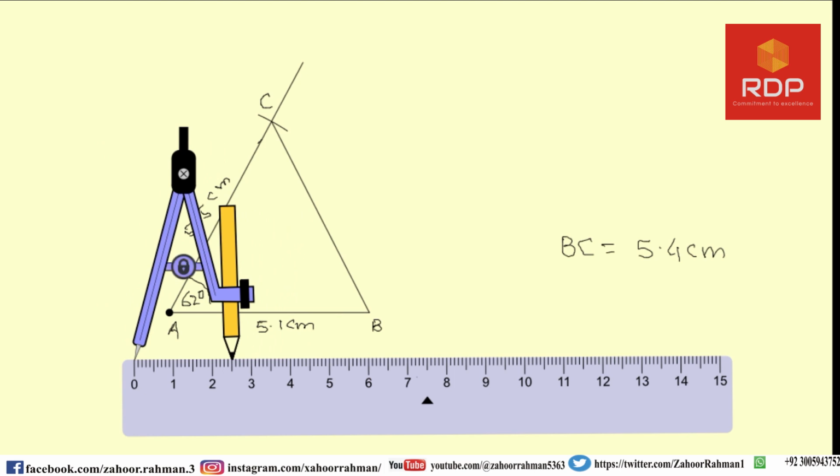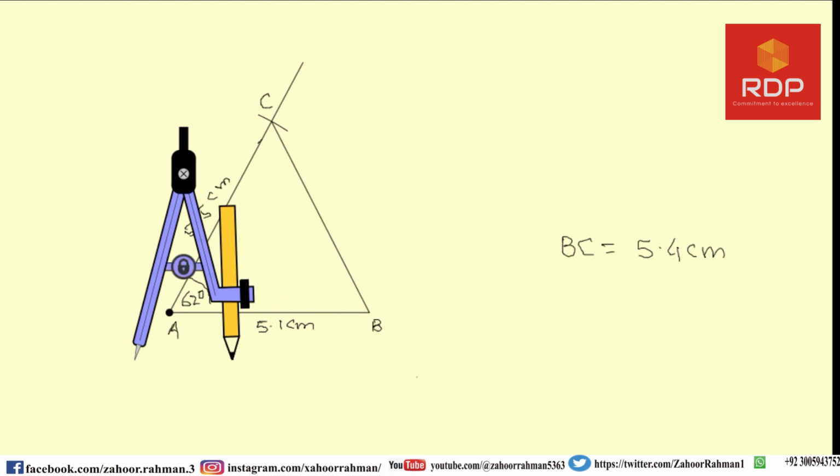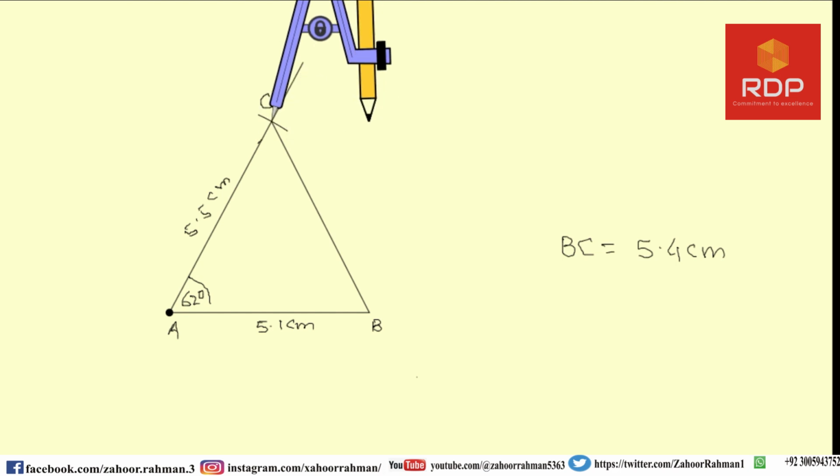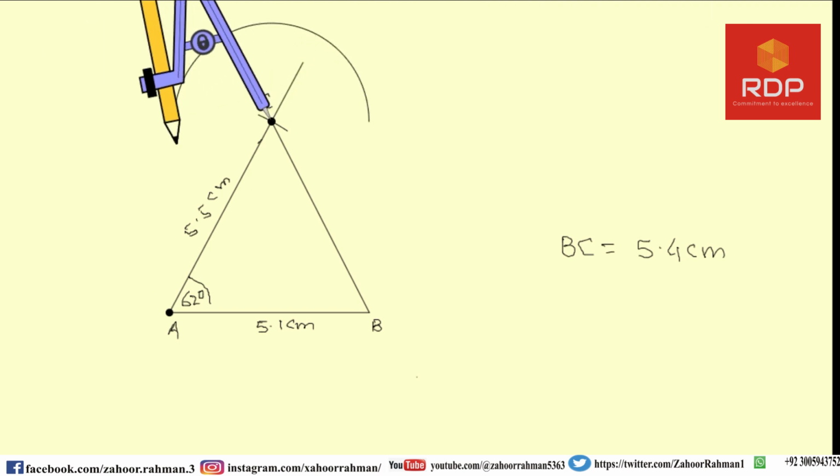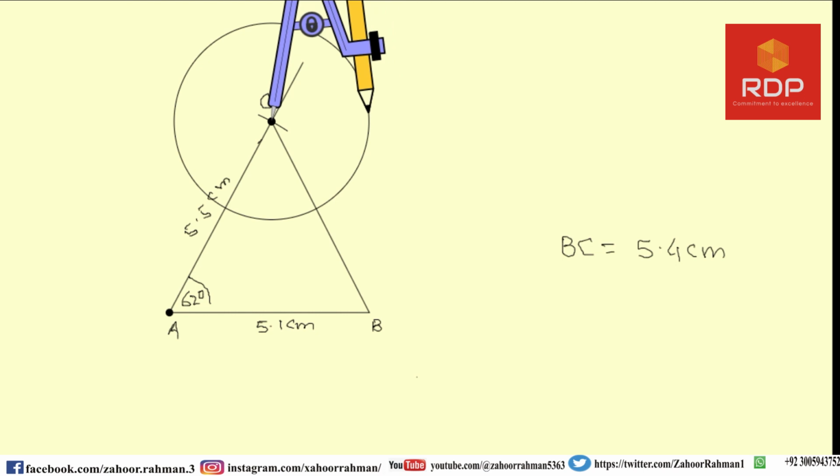So I am taking it as 2.5, bringing C as the center, and then drawing a circle of 2.5. In your case, it will be 5 centimeters. So I am writing this line to be 2.5 centimeters, the radius.